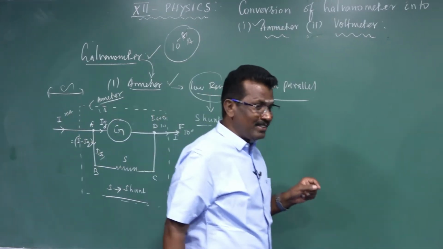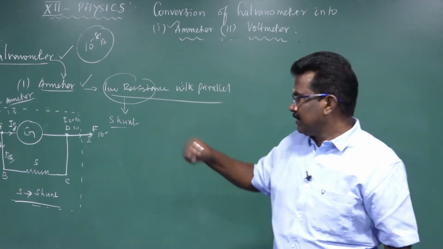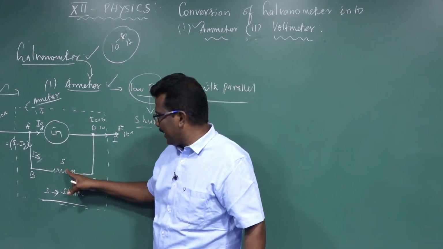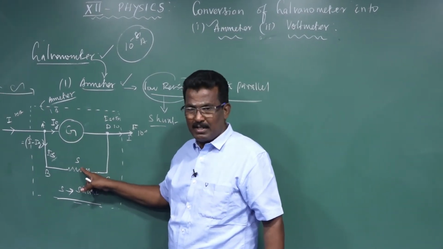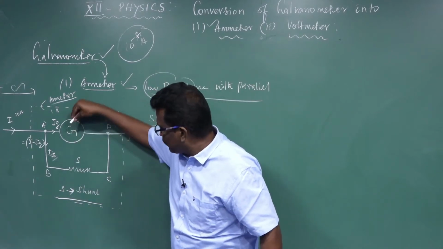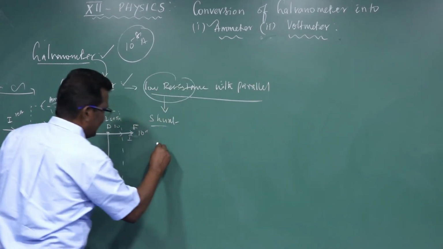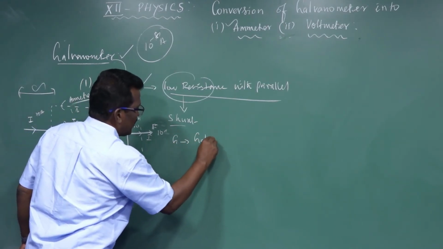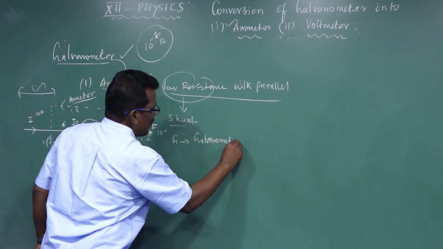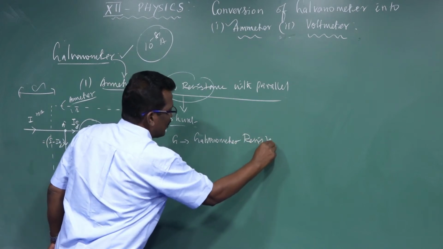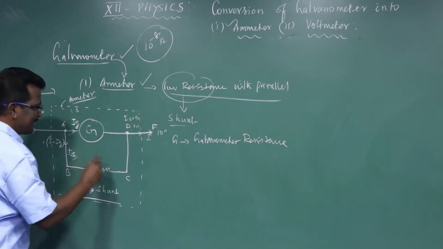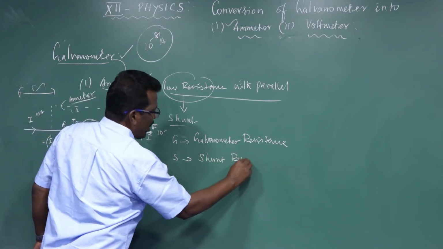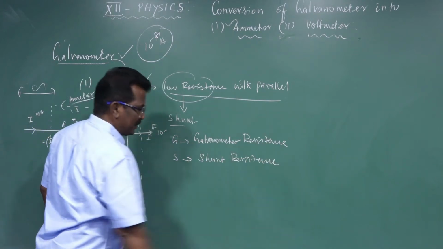Let's start how to calculate the shunt resistance by using some calibration. A galvanometer can be converted to an ammeter by connecting a low resistance. Let's consider the galvanometer resistance: G represents the galvanometer resistance, and S represents the shunt resistance.